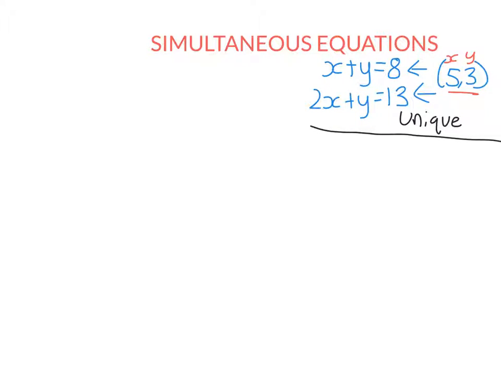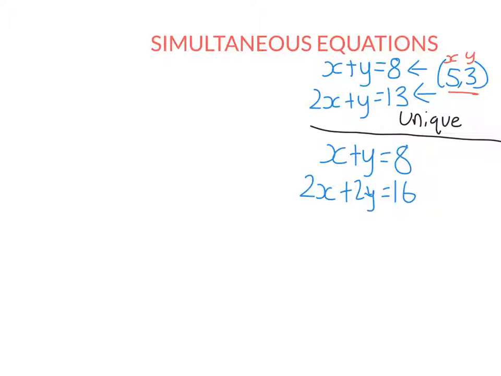Two lines can intersect infinitely many times if they are in fact the same line. So if I have the equation, say, x plus y equals 8, and I have a second equation, 2x plus 2y equals 16, in fact, there are infinitely many solutions to these equations.